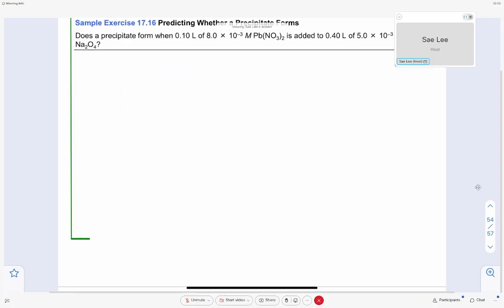Okay, is it clear for you guys now? Yes. Okay, all right. I don't think I can bring the solubility table down, but you can find it in the slides, around slide 40 or 41.